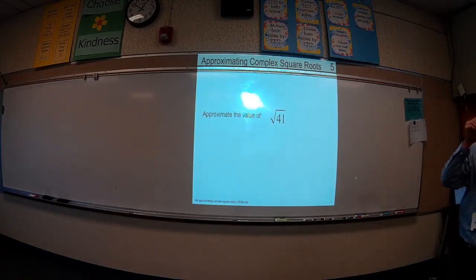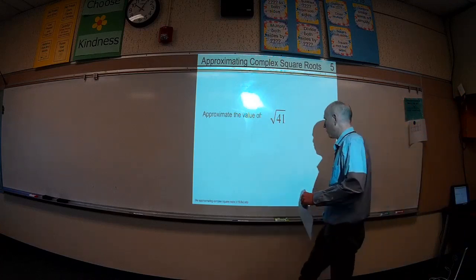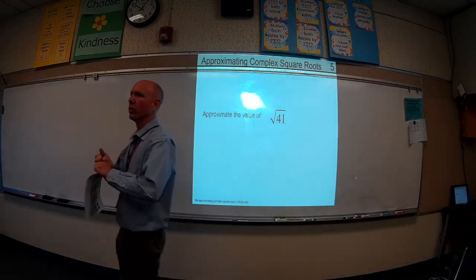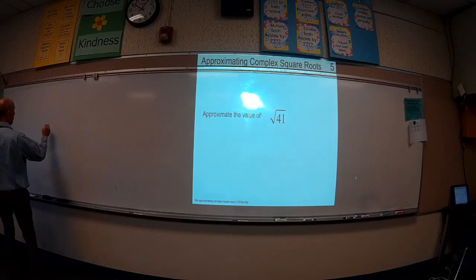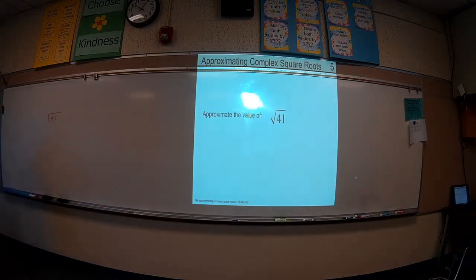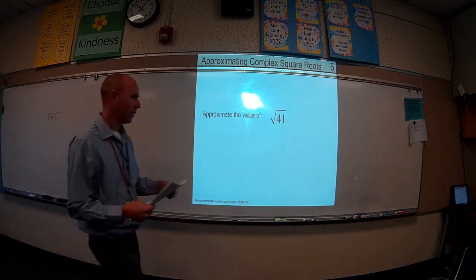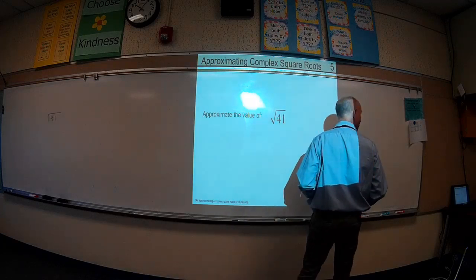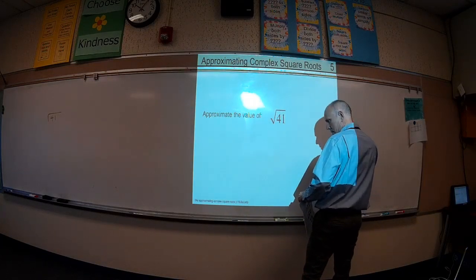So before we get too crazy, we're going to do a problem from Friday, or from Thursday, the square root of 41. So in your notes, I need the square root of 41. And then I'm going to ask Narena to explain to me how to do the square root of 41.